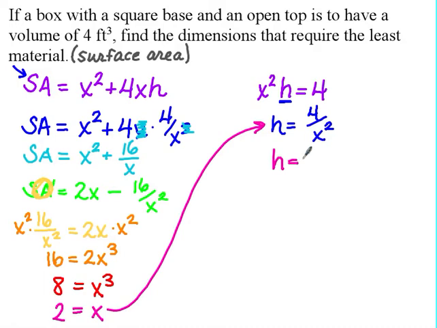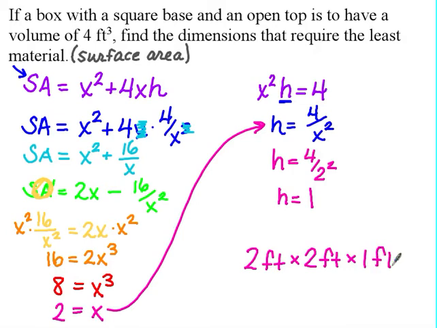So I get h to equal 4 over 2 squared, which h equals 1. So it says find the dimensions that require the least material. 2 feet by 2 feet by 1 foot. Okay, that one went a little easier because we didn't have the surface area problem.